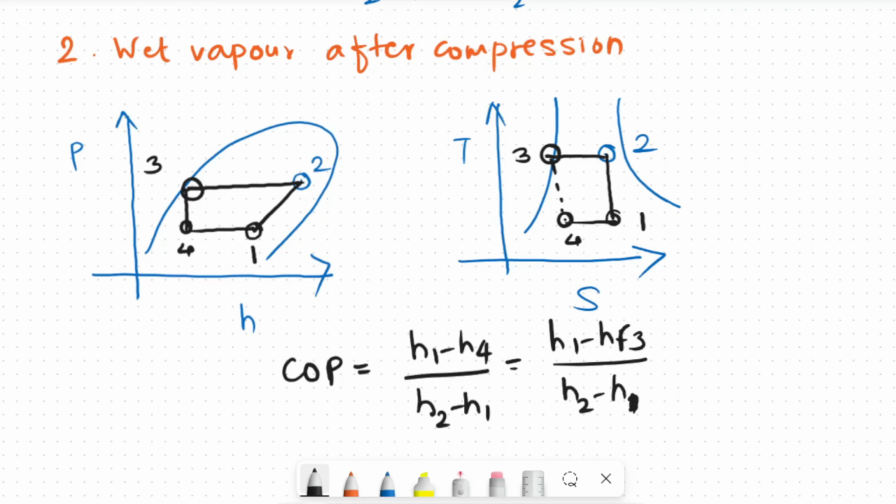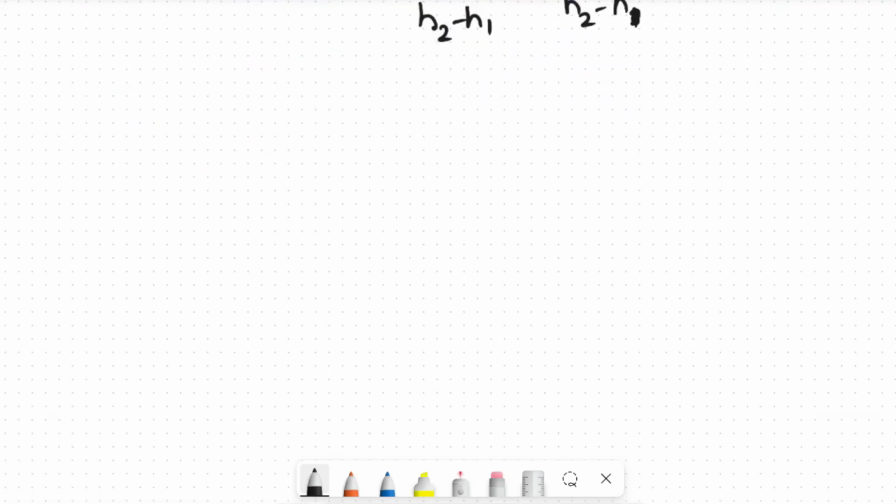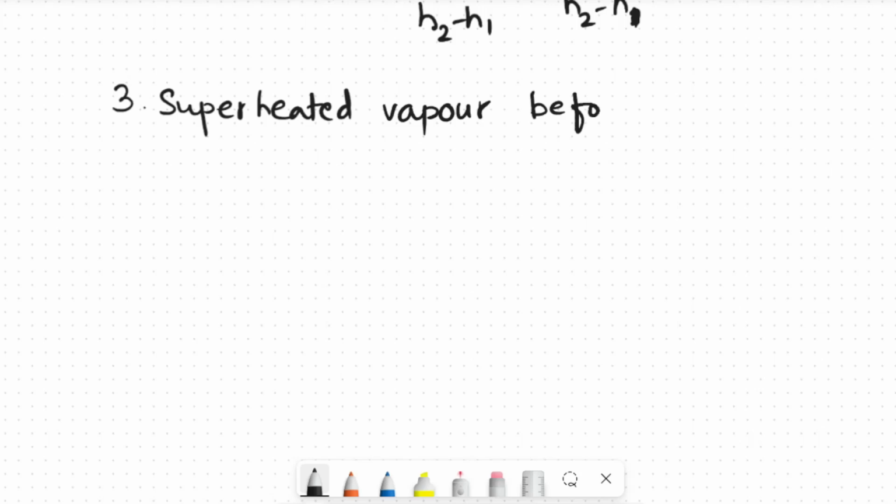Now let's see the next cycle wherein the vapor is superheated before compression.